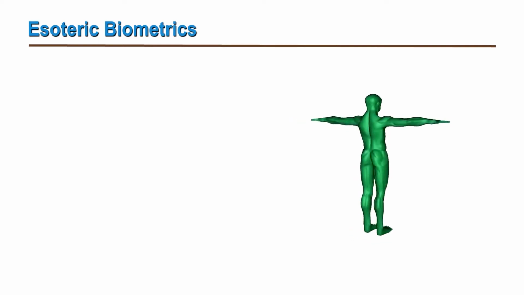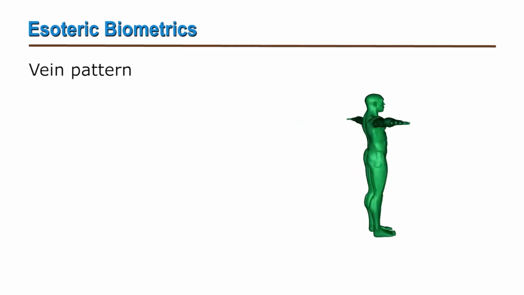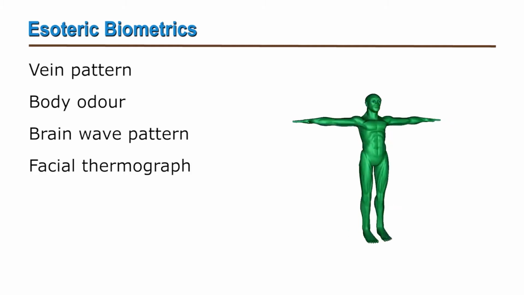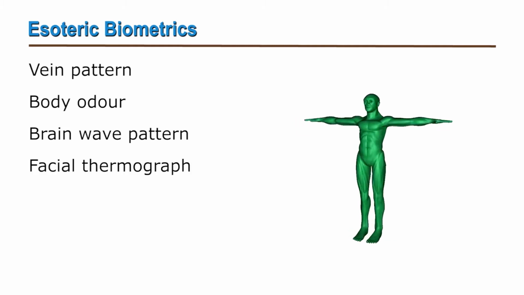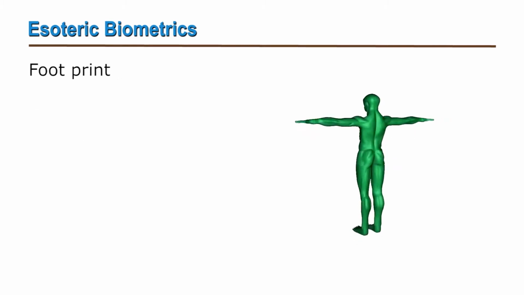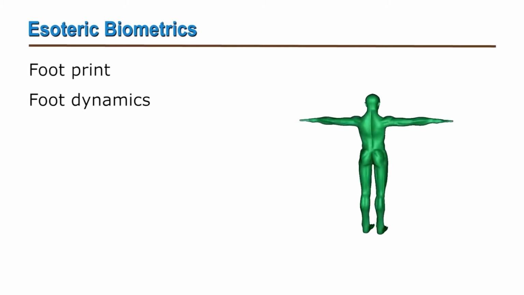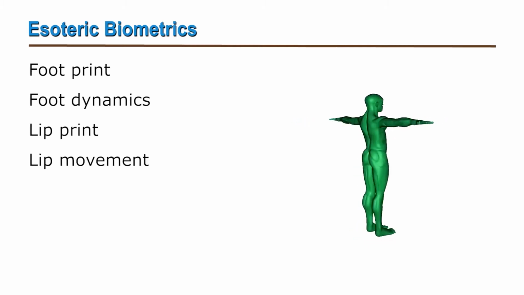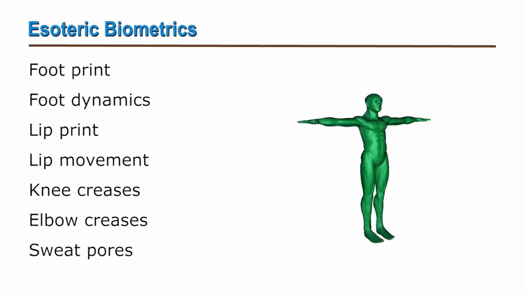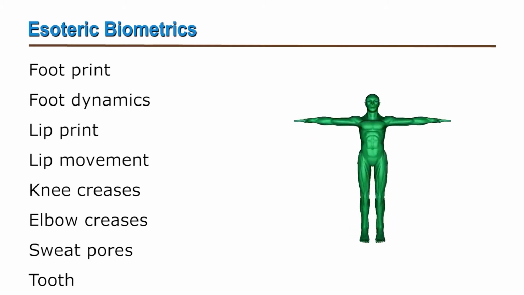Some examples of this type are vein pattern, body odor, brain wave pattern, facial thermography, skin luminance, finger nail bed, ear shape, footprint, then foot dynamics, lip print, lip movement, knee creases, elbow creases, sweat pores, tooth, etc.